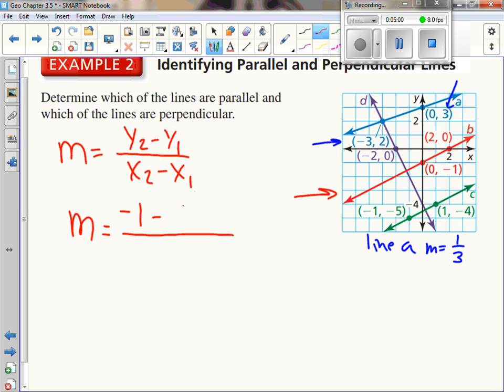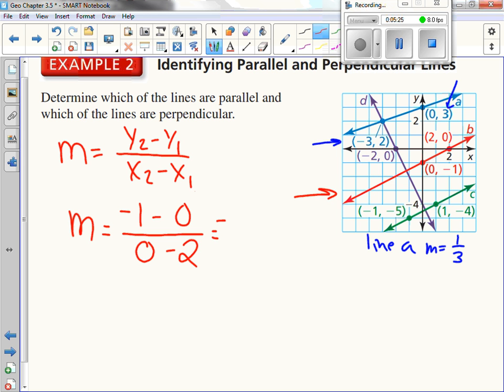We can do -1 minus 0. Since I chose -1 first, its x value is 0, and the other x value is 2, so we get 0 minus 2. Any questions on this here? We good with this so far? Refresher of Algebra 1.